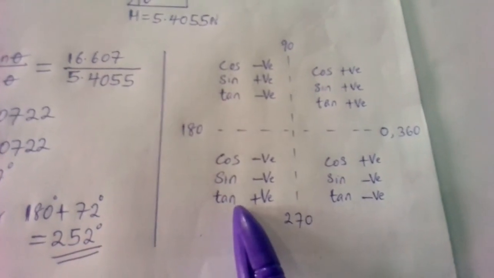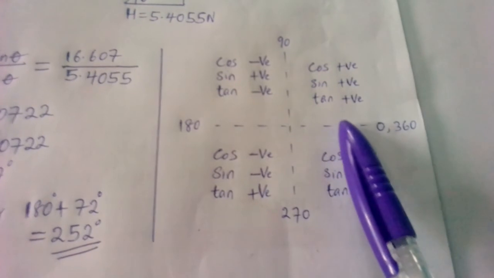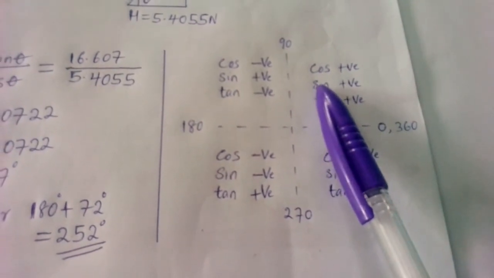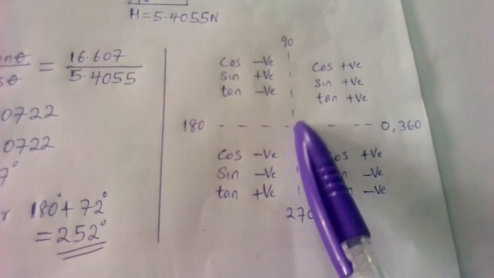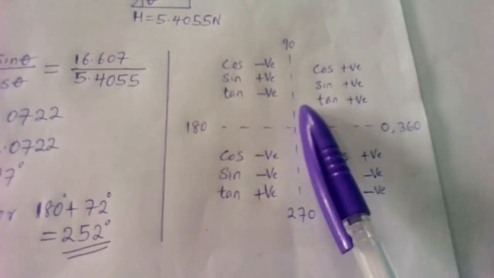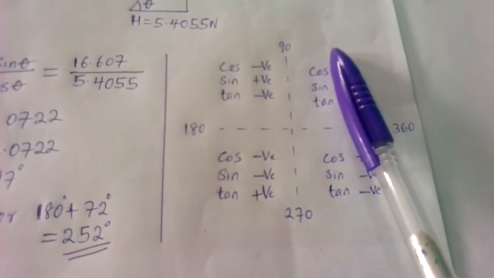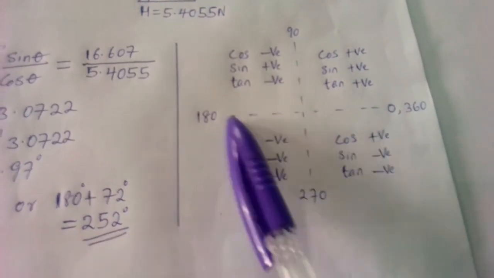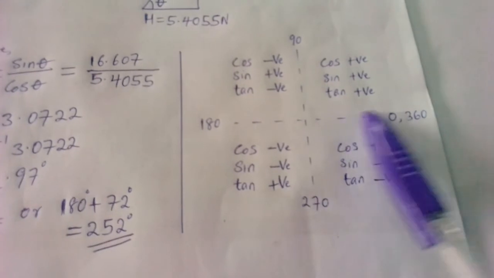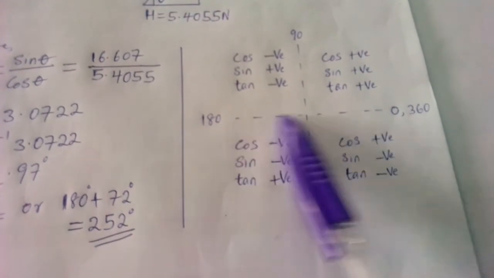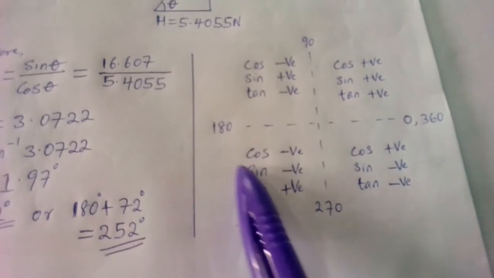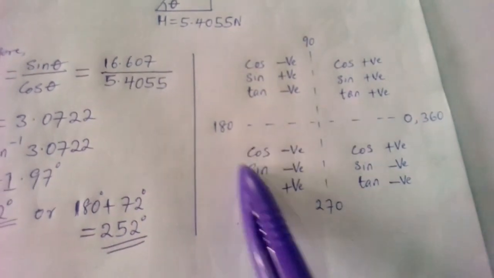So you just say 0 plus whatever angle you have obtained, 72 plus 0, which means our angle is going to be here, 72 degrees, and also here. So we must always refer to the horizontal plane.